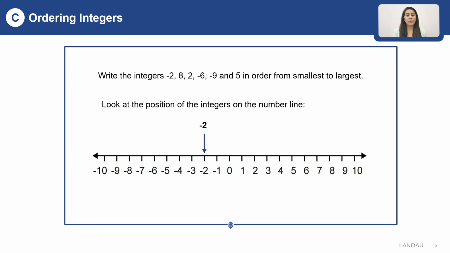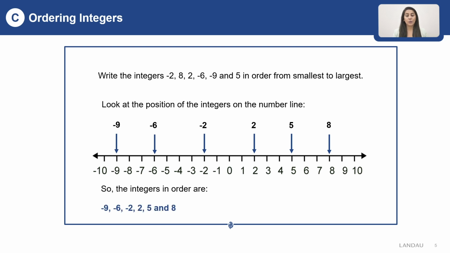Therefore, let's start with the first one. Here is -2. Continue placing the integers on the number line. So the integers in order are coming from left to right. This is going to be -9, -6, -2, 2, 5, and 8.